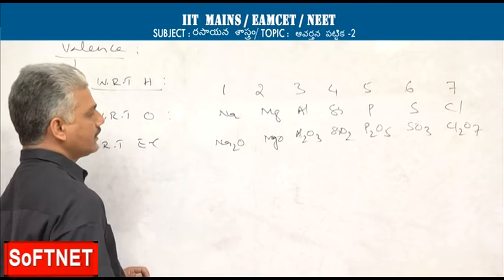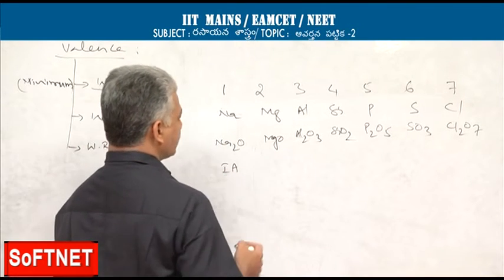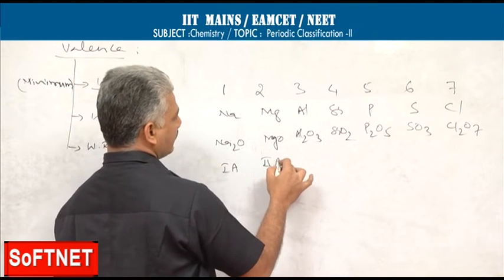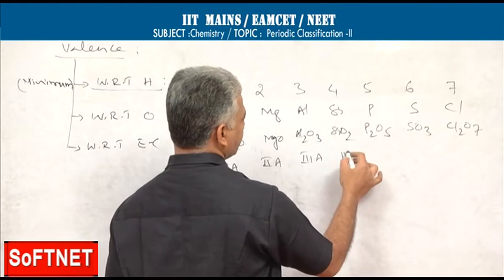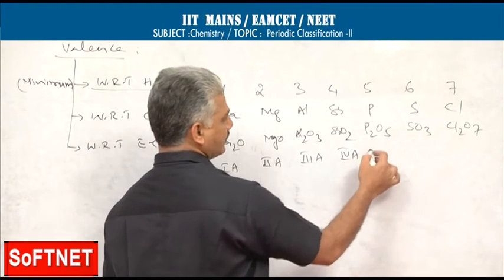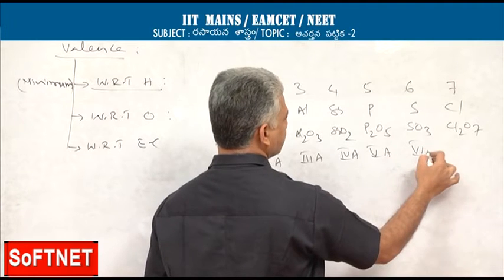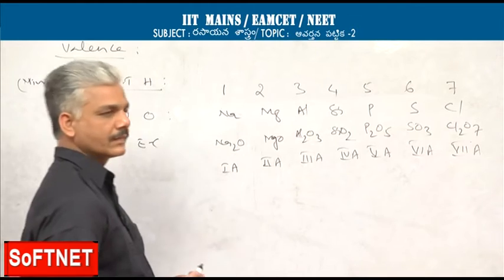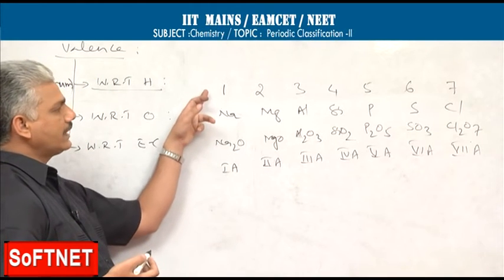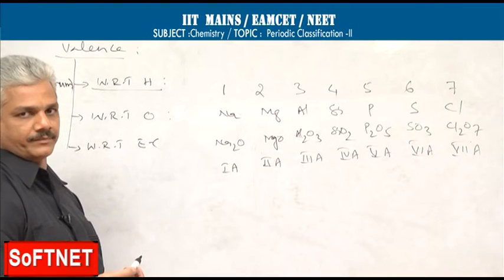Here, if you look at the correlation between the group number and valency, sodium belongs to 1A group, magnesium belongs to 2A group, aluminum belongs to 3A group, silicon belongs to 4A group, phosphorus belongs to 5th A group, sulfur 6th A group, chlorine 7th A group. So, if you correlate, valency and group number are the same.